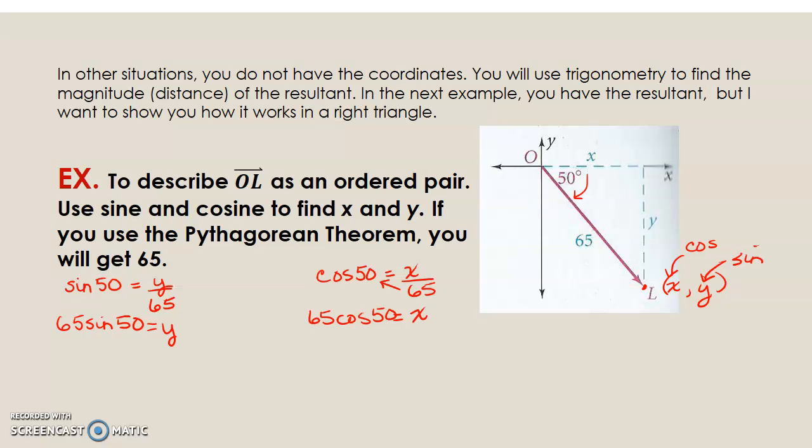All right, so 65 sine 50 is 49.8. And this 65 cosine 50 is 41.8.